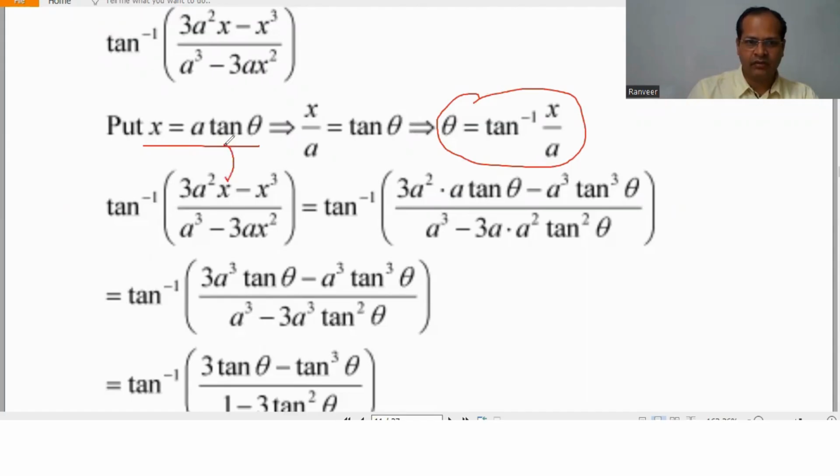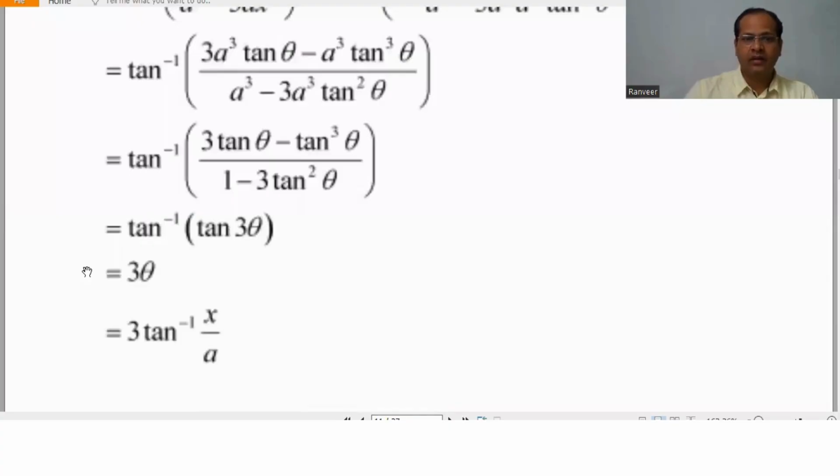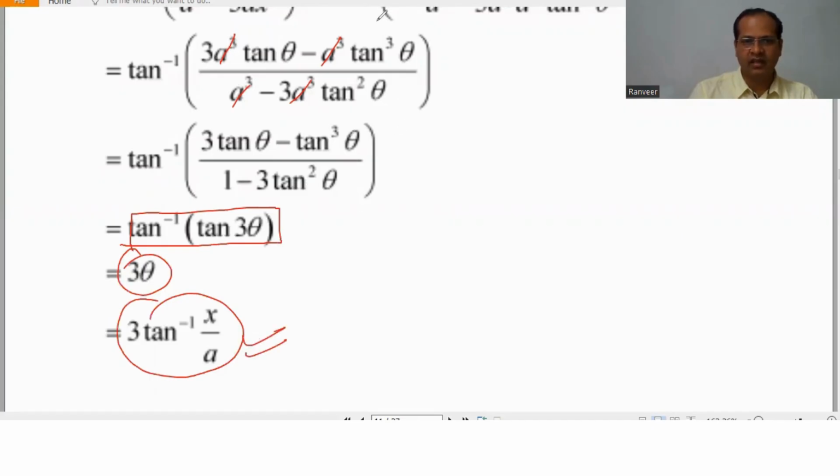In place of x we substitute a tan theta, so the numerator becomes 3a cube tan theta minus a cube tan cube theta. Now a cube is common in the numerator and denominator, so it will cut. So we get 3 tan theta minus tan cube theta by 1 minus 3 tan square theta. This is nothing but tan inverse tan 3 theta, so this is 3 theta, that is 3 tan inverse x by a. So this is the simplest form.